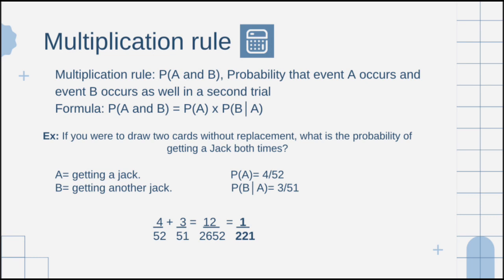And then the probability of B happening after event A is 3 over 51, because at that point there's 1 less jack and 1 less card overall. So you would multiply these two to get the probability of event A and B occurring. This would be 4 over 52 times 3 over 51, which equals 12 over 2,652, which can be reduced down to 1 over 221.